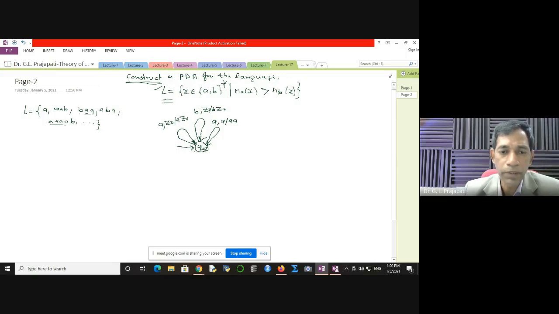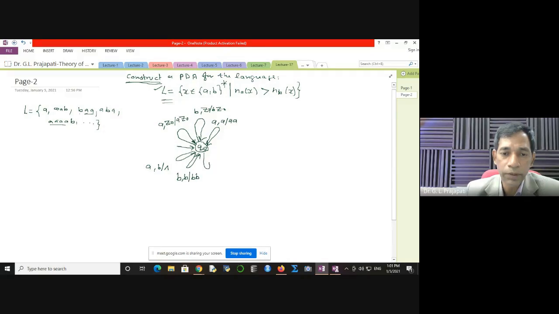Other possibility, input can be A and top of the stack can be B. What you need, when alternate combinations come, you need to delete it. Similarly here, when you have input B and top is B, what you need, you need to save it.